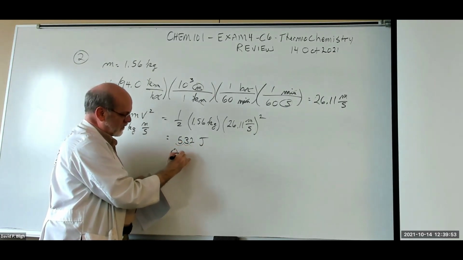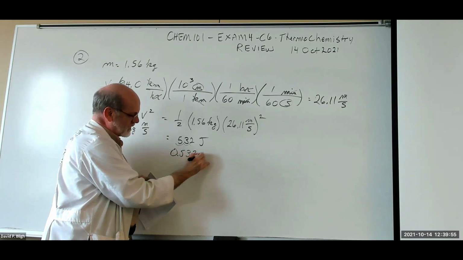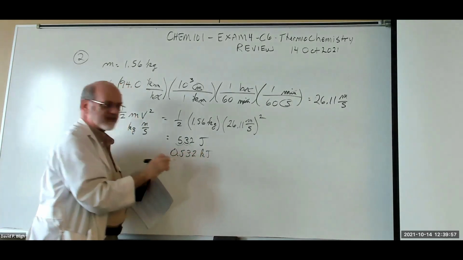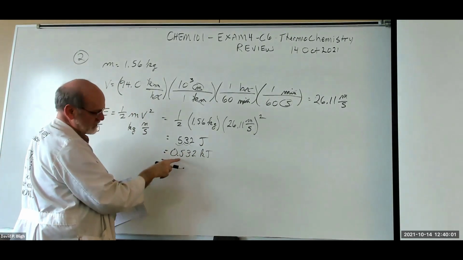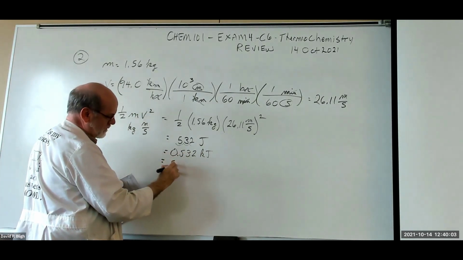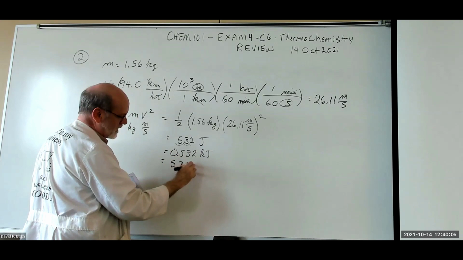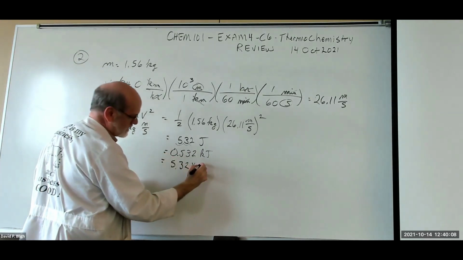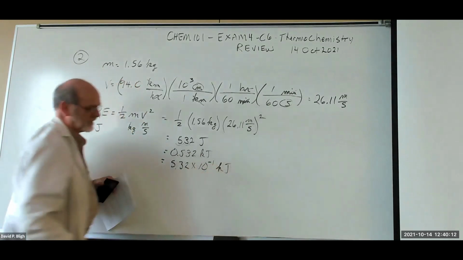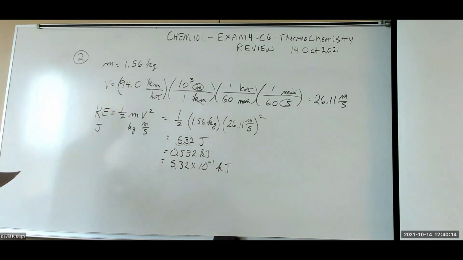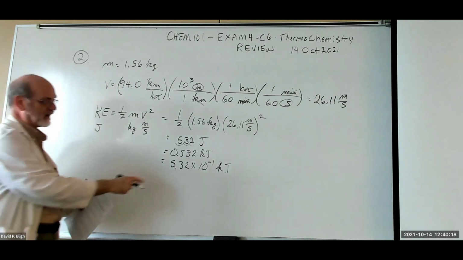So that would be 0.532 kilojoules, but it's in scientific notation. So we have to write this in scientific notation. Move it over 1, 5.32, and we store that tenth in a power of 10. Okay, so that's why the answer is A. 5.32 times 10 to the minus 1 kilojoules.